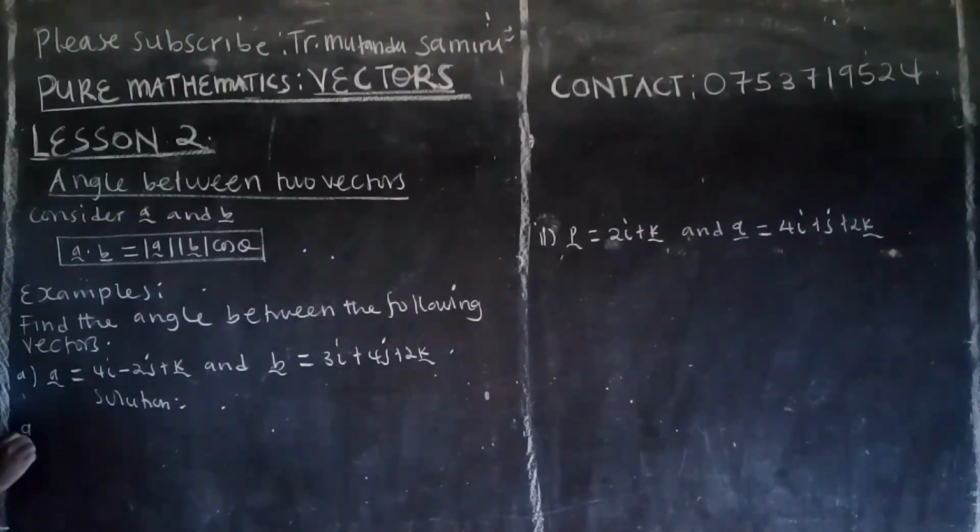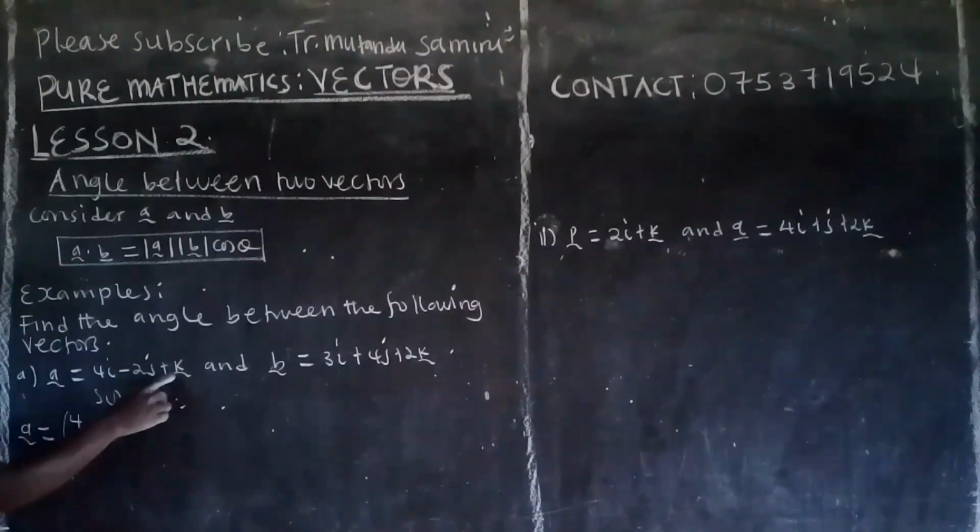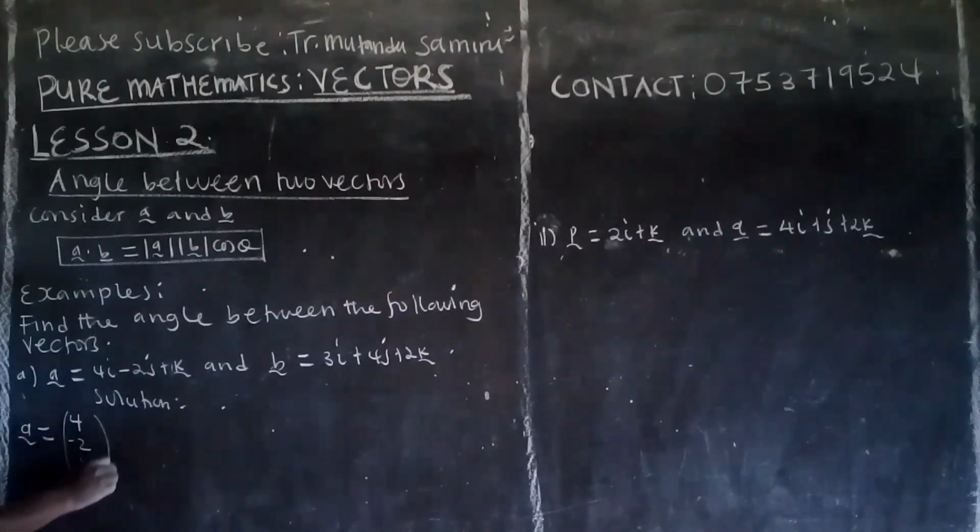Solution. So now we know that vector A is equal to, okay, from here, 4, negative 2, 1. Now if it is K, the coefficient is 1, so 1. All right.